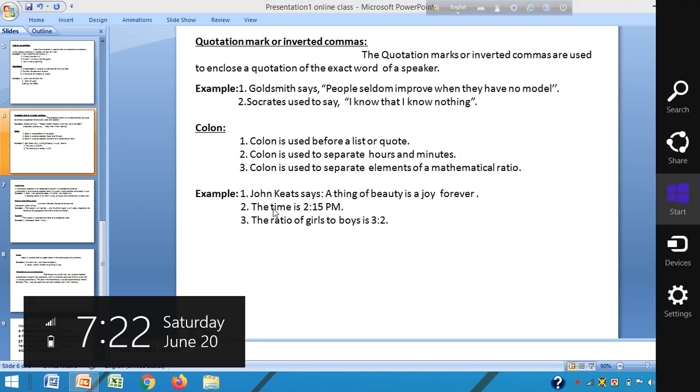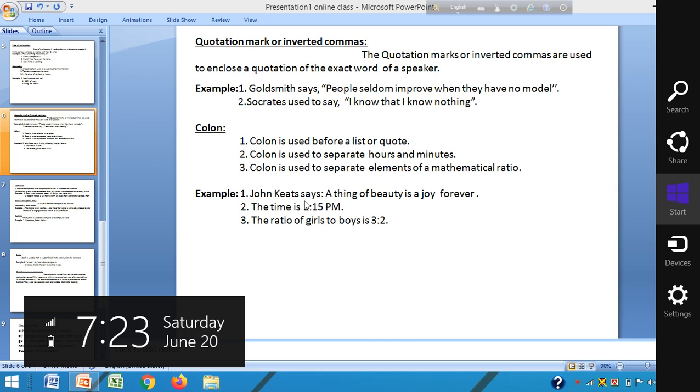Dear student, notice the example. John Keats says: a thing of beauty is a joy forever. Here, a quote is separated by the use of a colon.